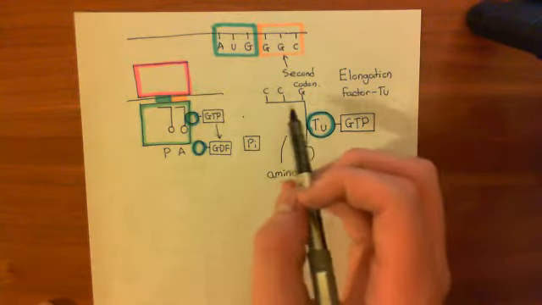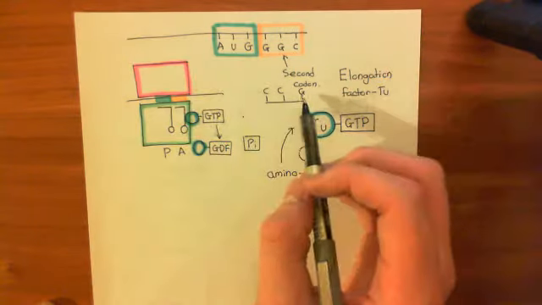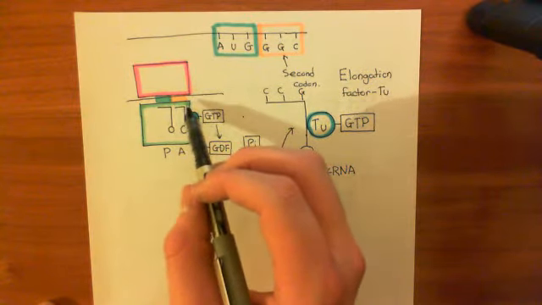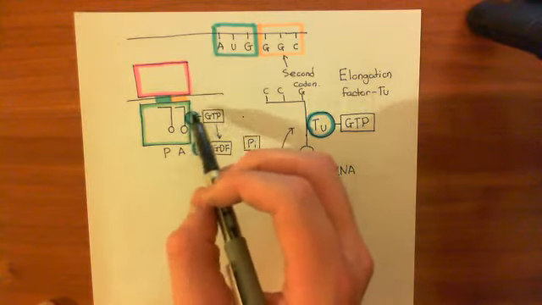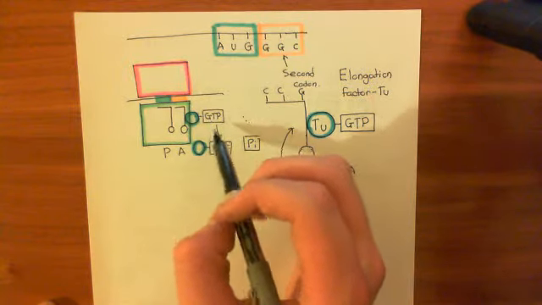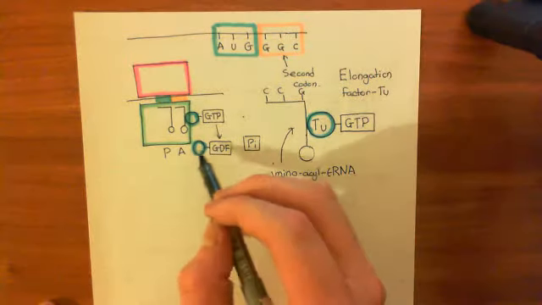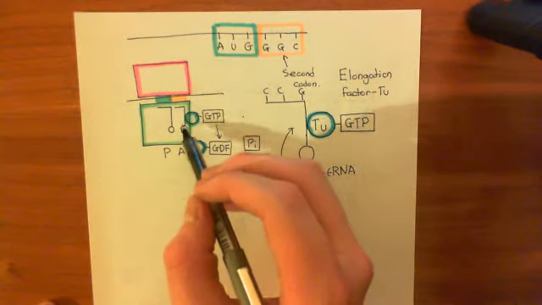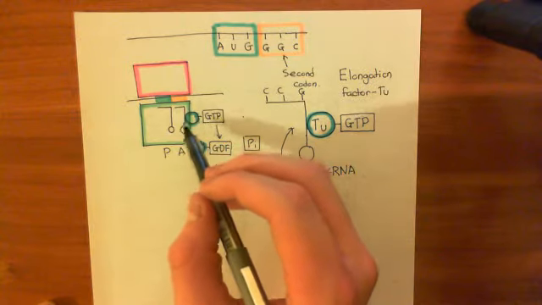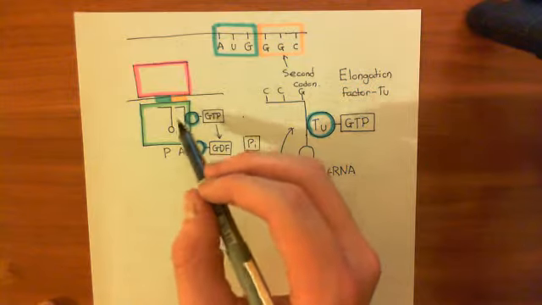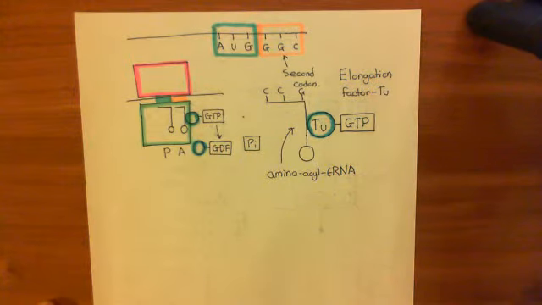If the anticodon that came in was actually complementary to this codon in the second position, then the elongation factor TU will hydrolyze the GTP to GDP and inorganic phosphate, and then it will break off the amino acyl tRNA, and the amino acyl tRNA will be allowed to stay within the A site of the ribosome.